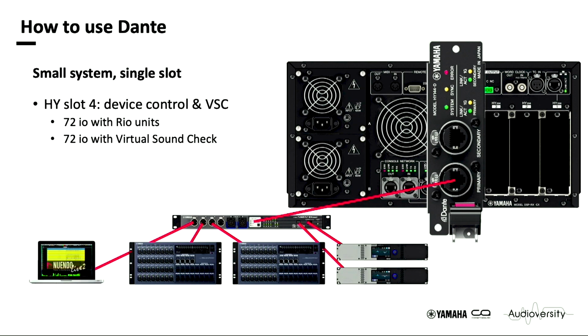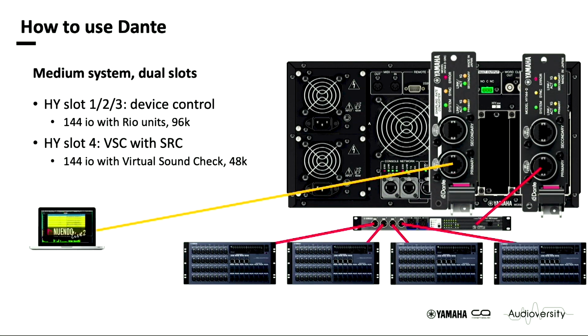So you could have up to 72 inputs from RIO units and control them, and then connect with a range of Dante-equipped speaker processors or amplifiers. And you can do up to 72 tracks of recording and virtual sound check at the same time. So that's your small and simple system.